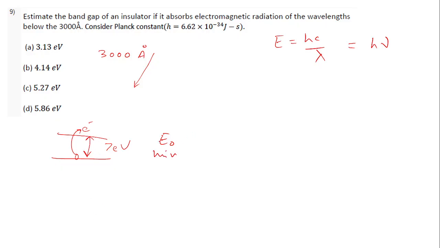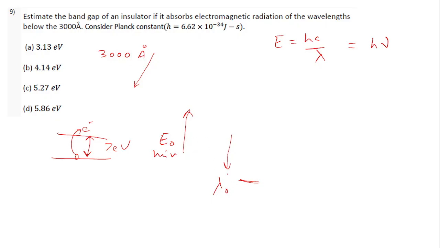That means it will take any energy value above that minimum and absorb. It also means it will take all the wavelengths smaller than the corresponding wavelength, because they are inversely proportional. There is a particular wavelength corresponding to that energy, which is the maximum it will absorb.